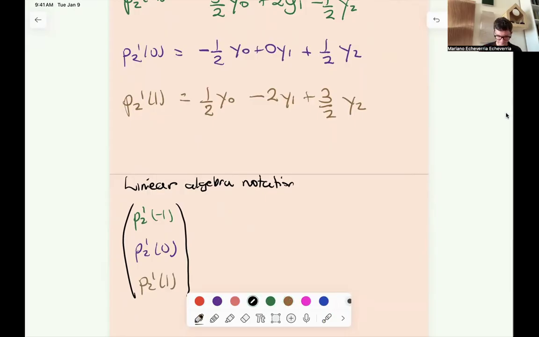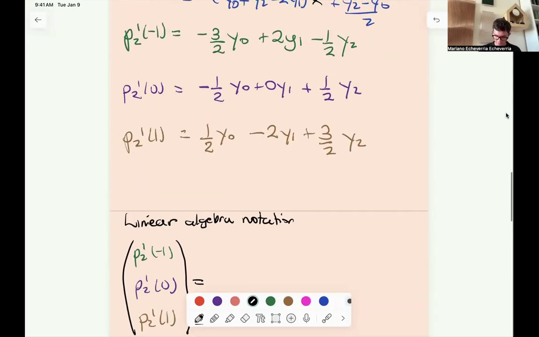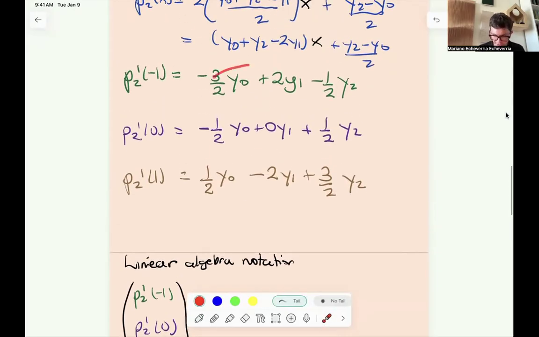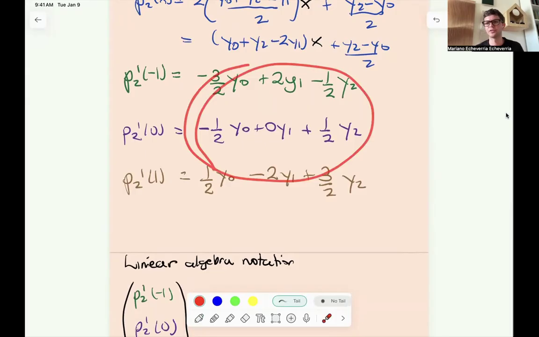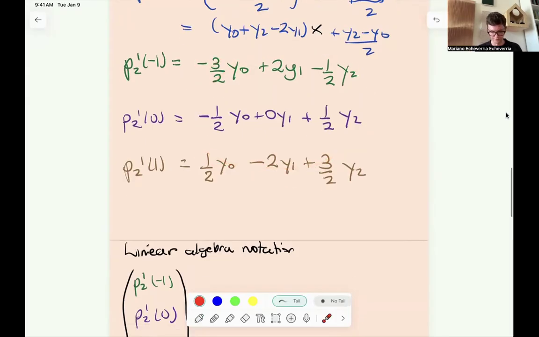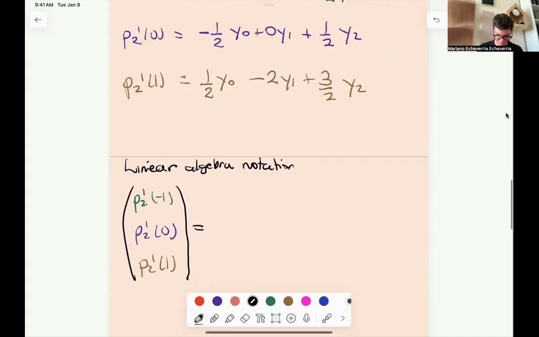Okay. And the idea is that I can regard this as the result of a multiplication of a matrix times a vector y0, y1, y2. And that's the cool thing.